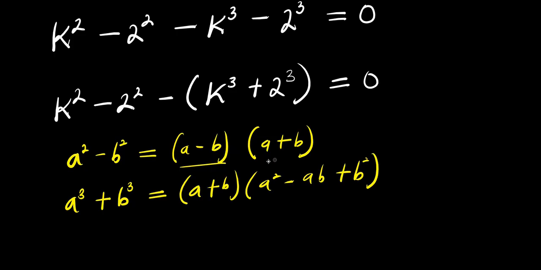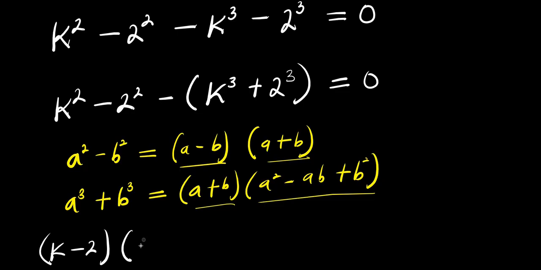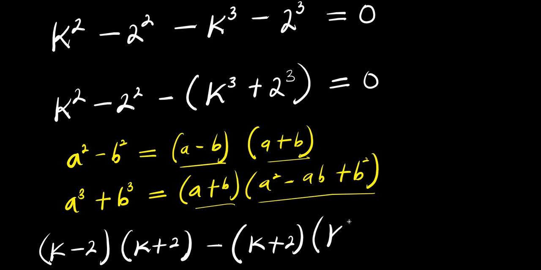Now this is a minus b times a plus b, and this is a plus b times this. So what we are going to do is, this is k minus 2 times k plus 2, minus, this is k plus 2 times k squared minus k times 2 plus 2 squared equals 0.